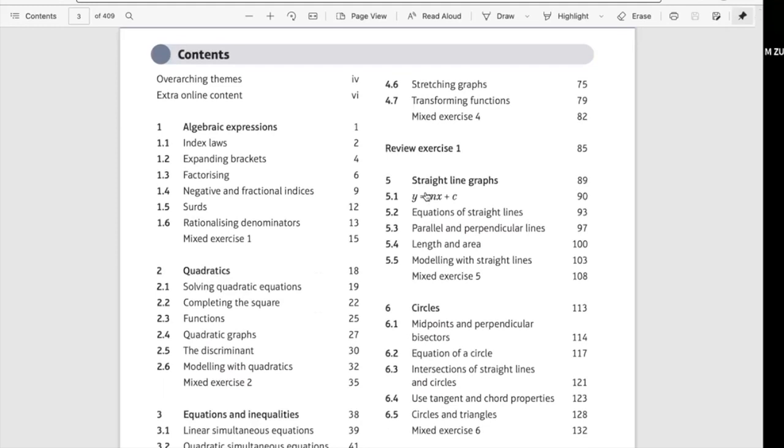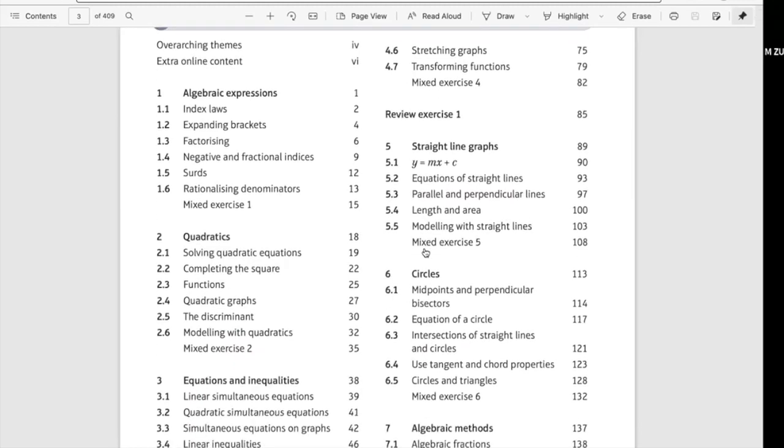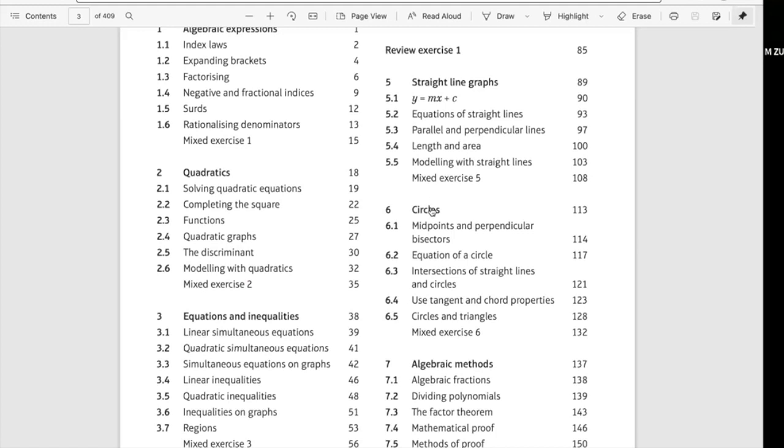If quadratics is involved, like in a simultaneous equation of order 2 or more or less, that's coordinate geometry. Chapter 6 again will have a strong link with chapter 2 in case of completing square form. Midpoint of perpendicular bisector is related to chapter 5. Equation of circle is strongly related to completing square form.